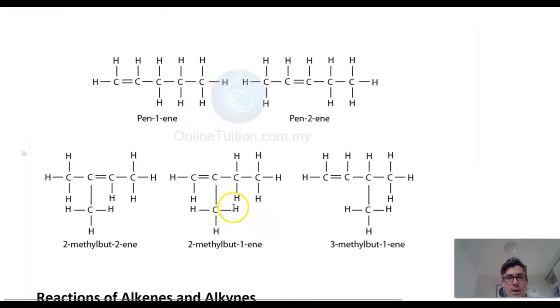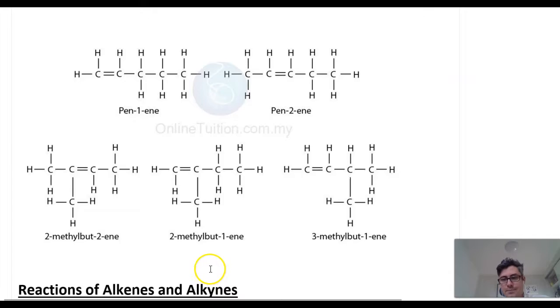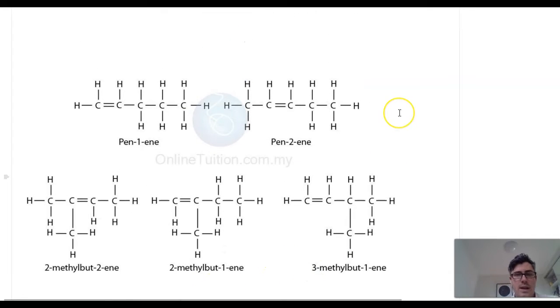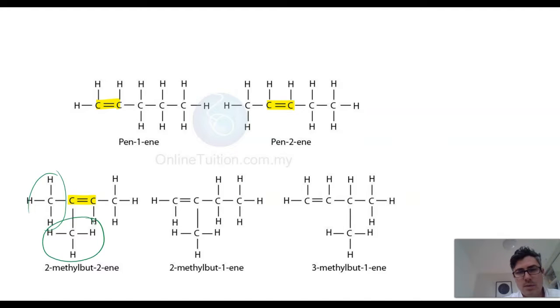Okay, so here are the answers. So we can see here that the carbon-carbon double bond will move into the middle there. We can also have a branch coming off, so we've got 2 different methyl groups coming off there. So that's a 2-methylbutene.